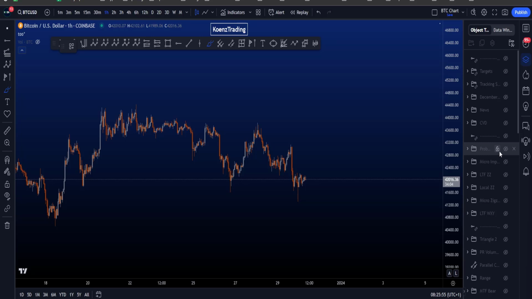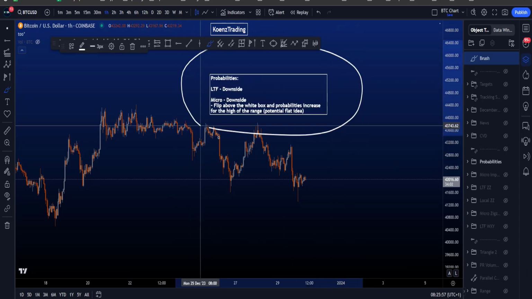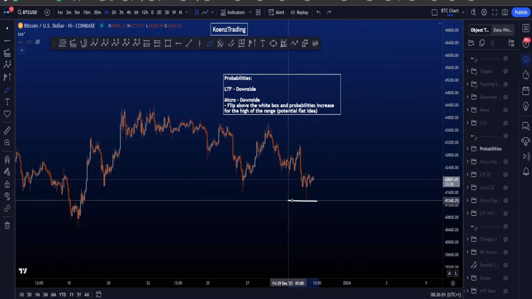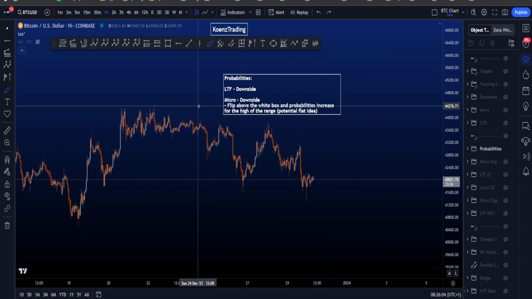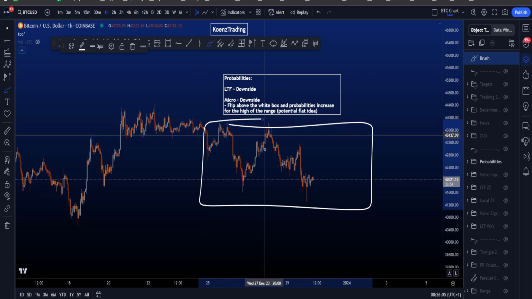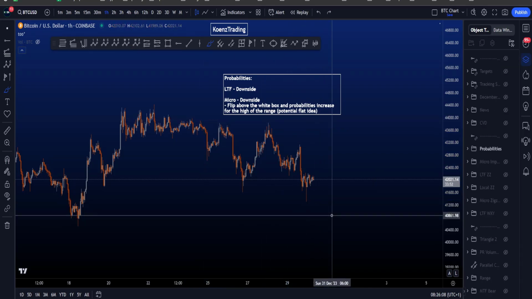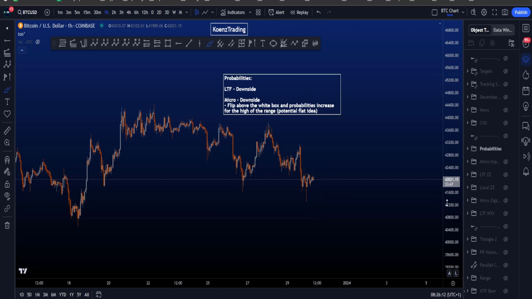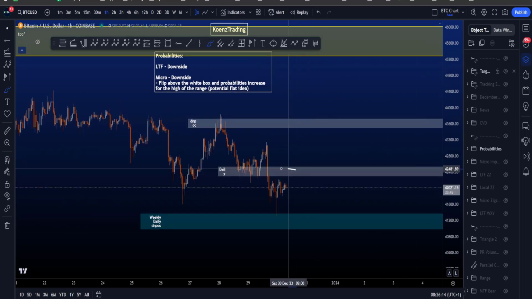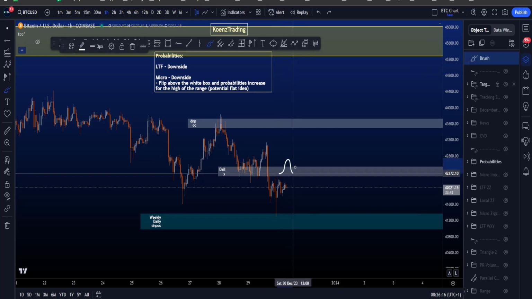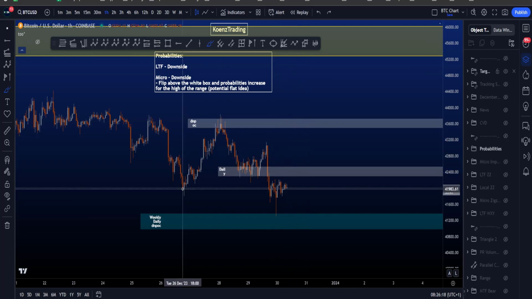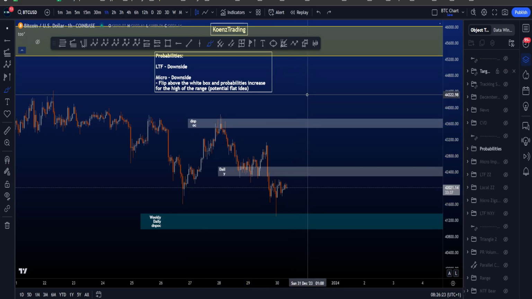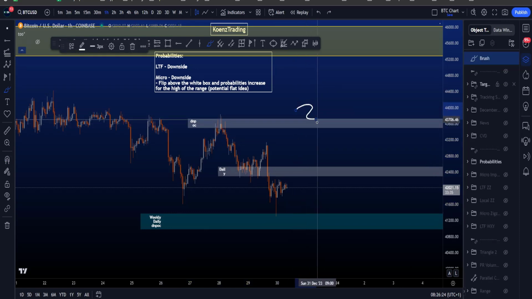So if we then look at the probabilities of the different scenarios, then on the low time frame in this range, we are still looking for more downside to take this low eventually, and also on the micro, more locally here, we are looking for this low to be taken at a given moment to reach this blue target box for the second time. Now, if price can flip this white support box, probabilities will increase to move to the upside, where then we're going to be looking for a bigger three-wave structure in a flat to then finish your wave B or your wave 2 here.